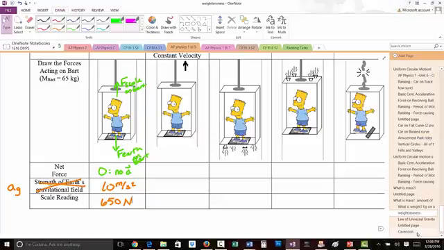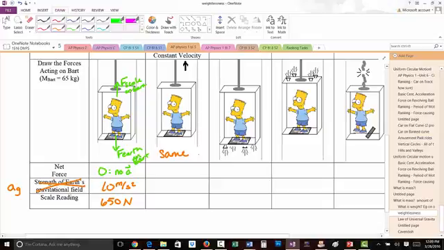Yeah. Are there any extra forces? Force of tension? Well, it's not on him. They're not on Bart himself, right? So this one has scale and Earth, this one has scale and Earth, and this one's the same. I'm just going to write that down so we don't forget. So you're telling me this one's the same.